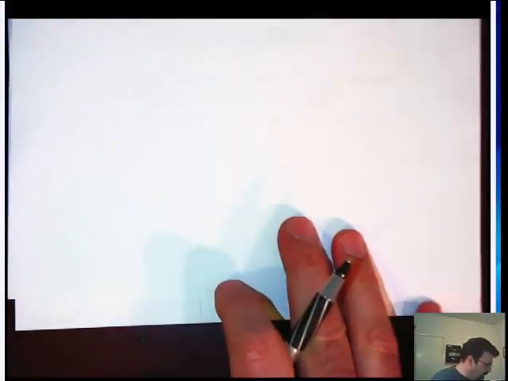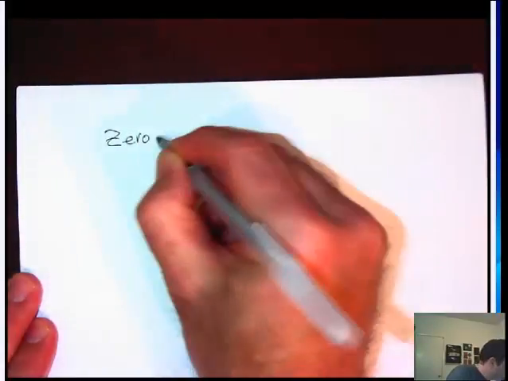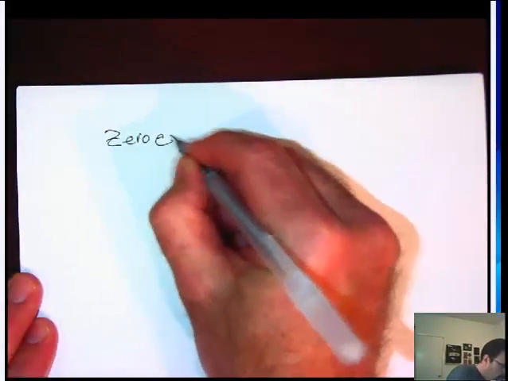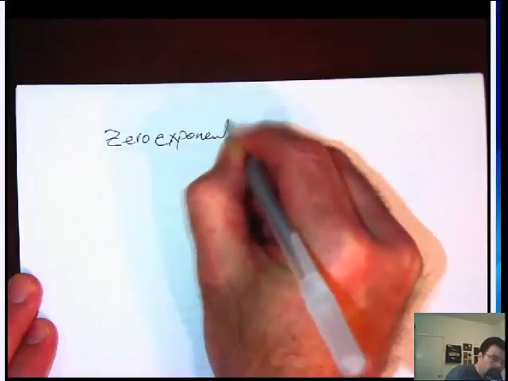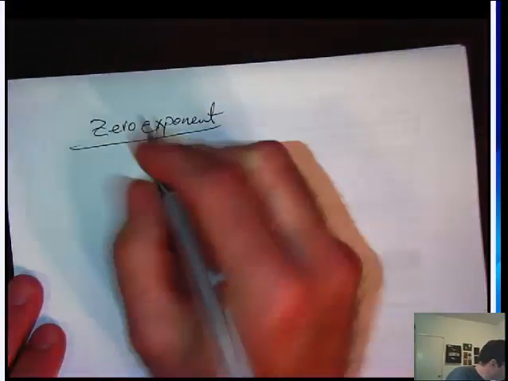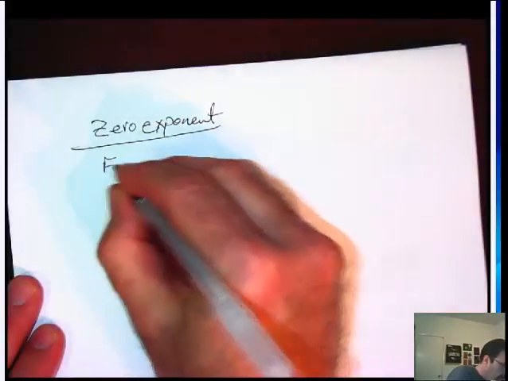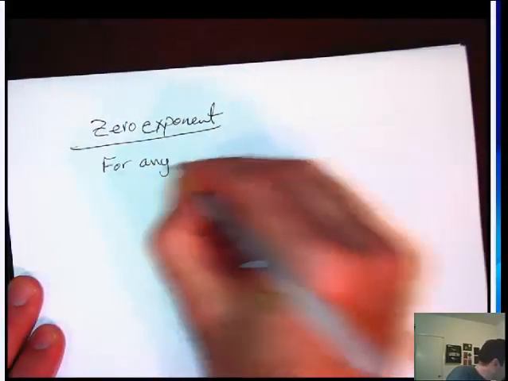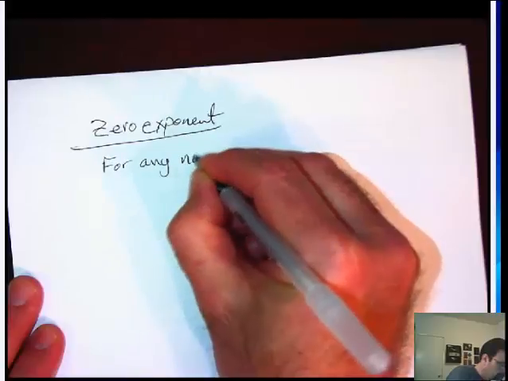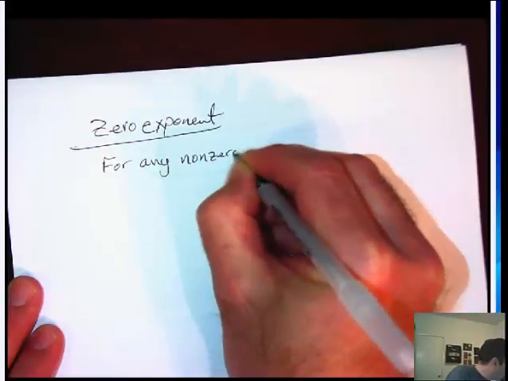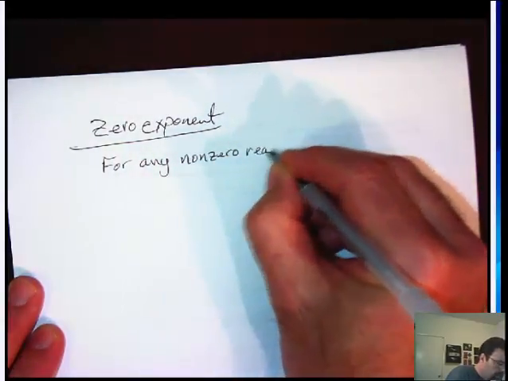Okay, so the next rule will be the zero exponent. So zero exponent for any non-zero real number.